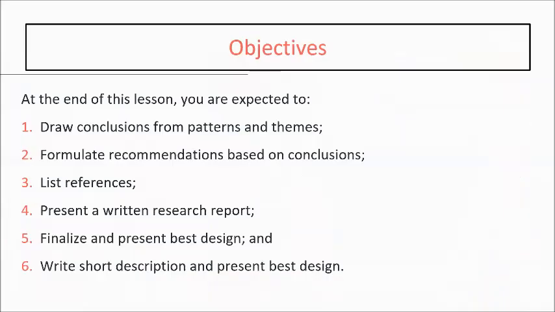In this discussion, we have several objectives. First is to draw conclusions from patterns and themes, formulate recommendations based on conclusions, list references, present a written research report, finalize and present the best design, and write a short description and present the best design.